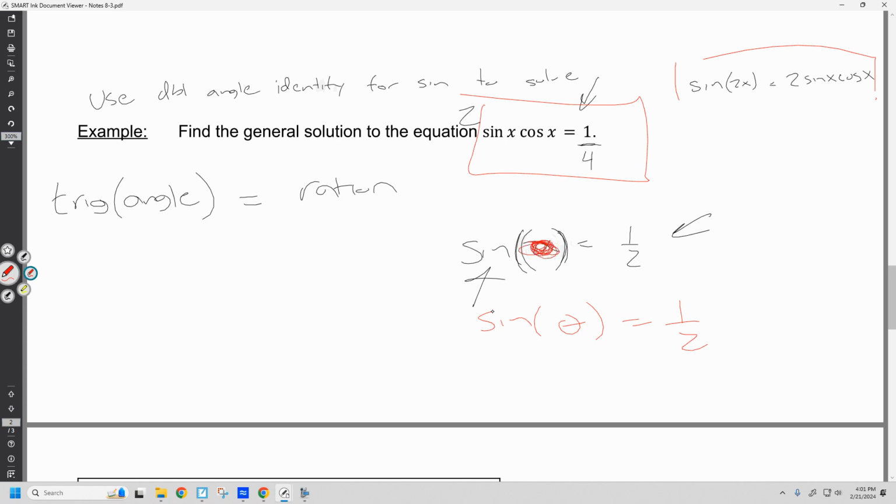Right. Well, replace the angle with 2x. 2x is theta. Solve for x. Yes, Jolly, thanks. Oh, Jolly, she's on.